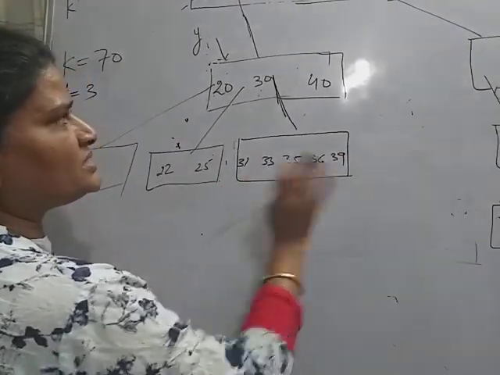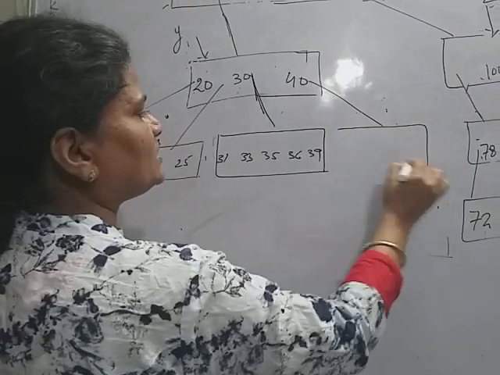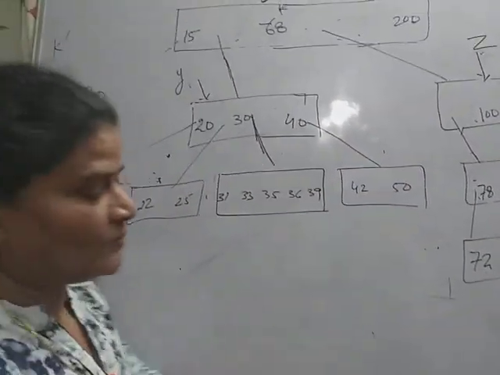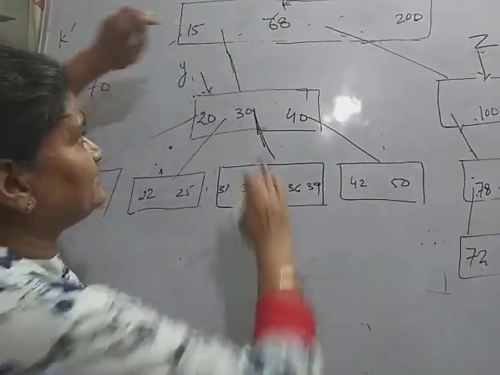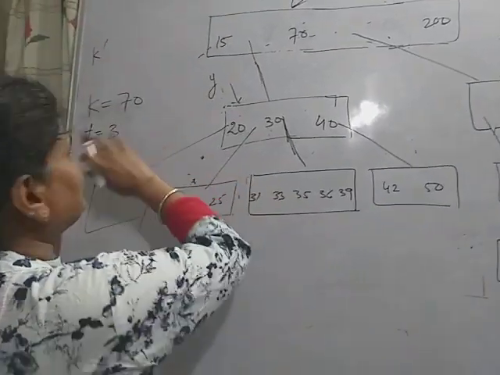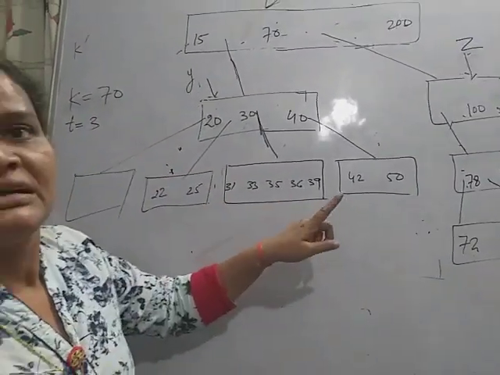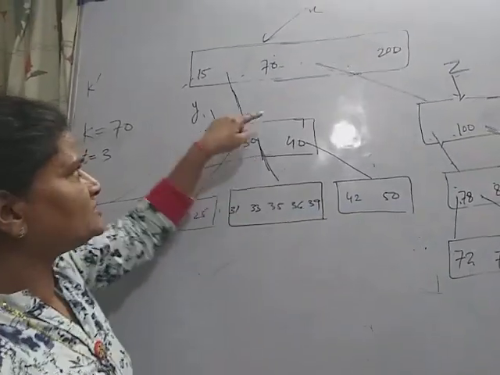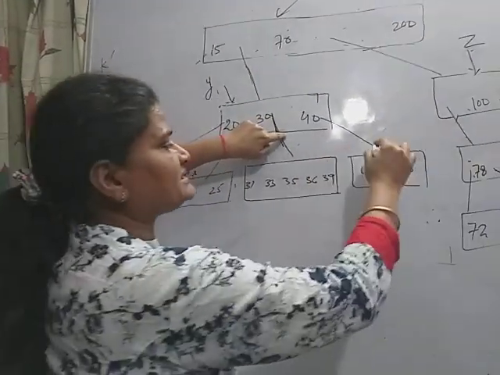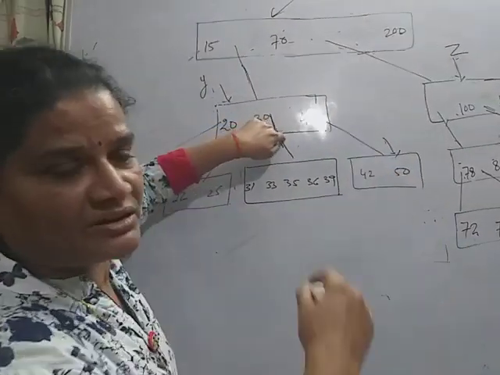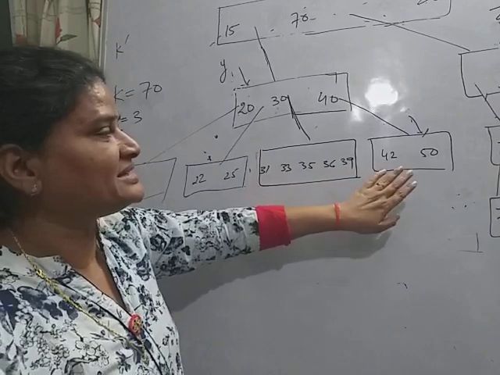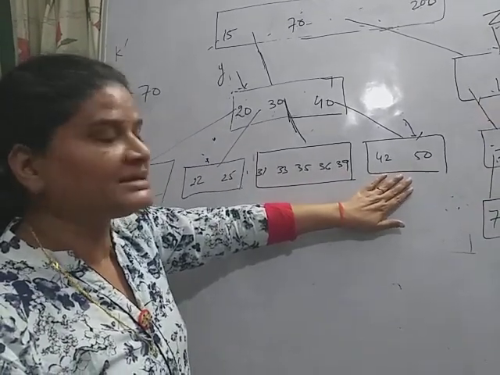And here this is 42 and 50. Now the k to be deleted is 70 and its immediate predecessor is 50. It will start here, and it will consider its rightmost child, but before moving down, make sure that it contains at least t keys. But there are only t minus 1 keys.